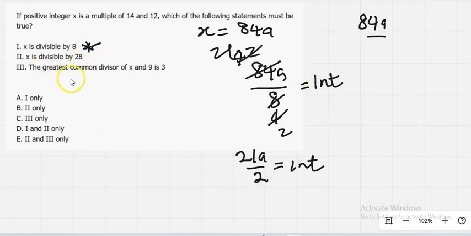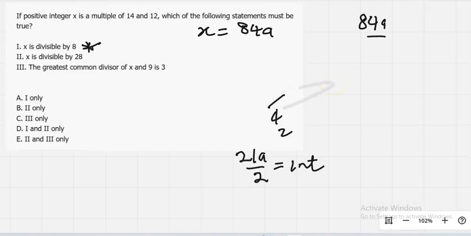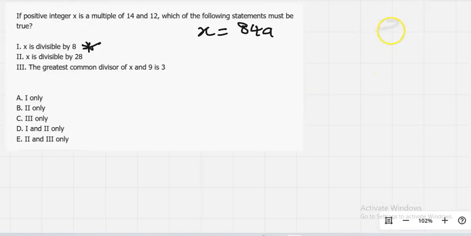So we move on to x is divisible by 28. That means 28 is a factor of x. In the same way, 84a divided by 28 must give us an integer in all cases.